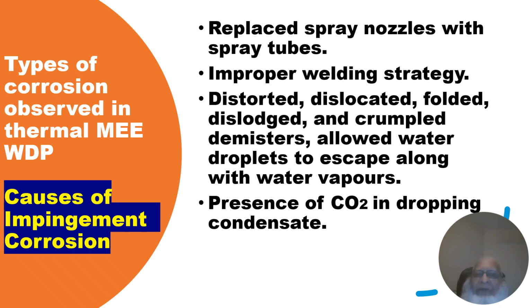Improper welding strategy distorted, dislocated, folded, dislodged, and crumpled the demisters, allowed water droplets to escape along with water vapors. The presence of carbon dioxide in dropping condensate was also a part of the cause of the impingement corrosion.